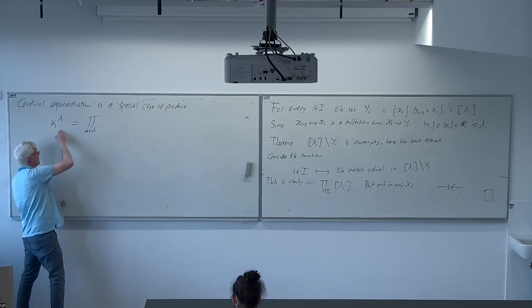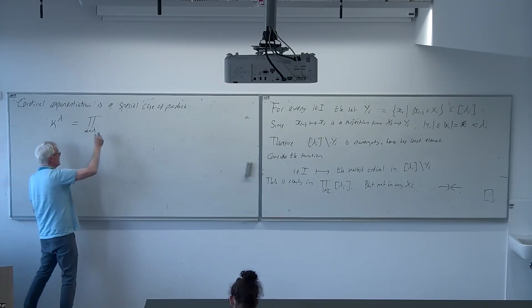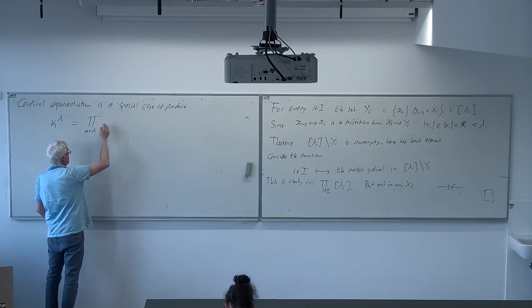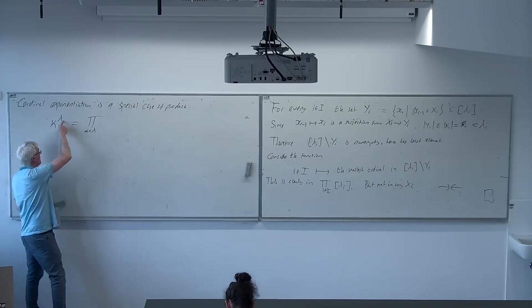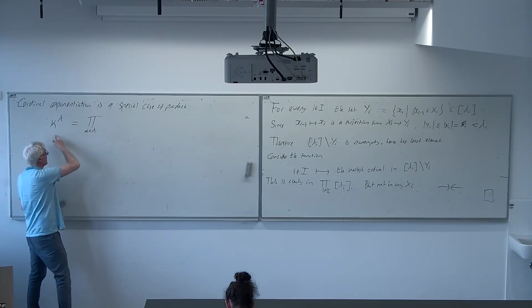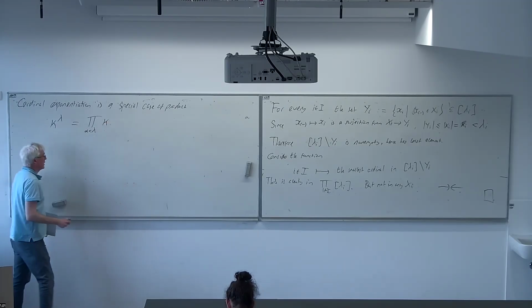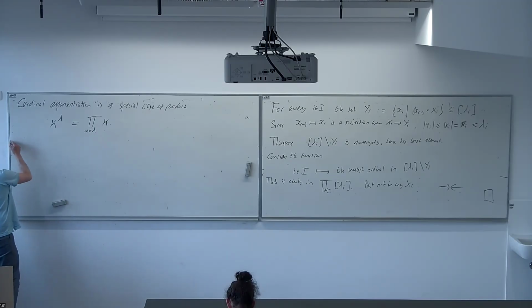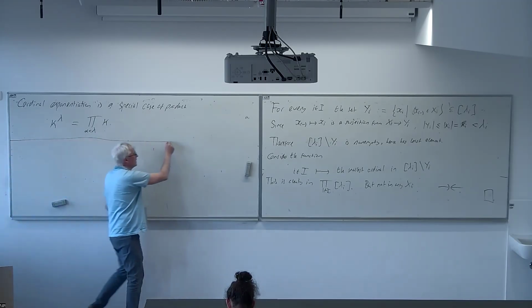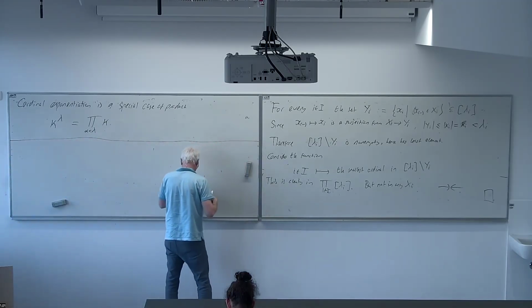The exponentiation is again a set of functions, but it doesn't depend on the index because you're always going into the same set. So it's just the constant product here. So if we've understood product, then we understand exponentiation.